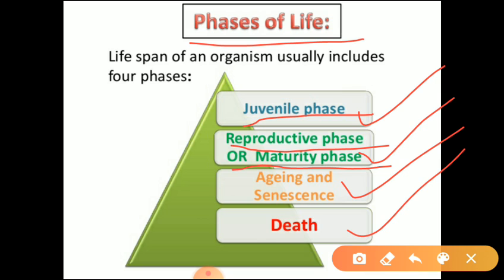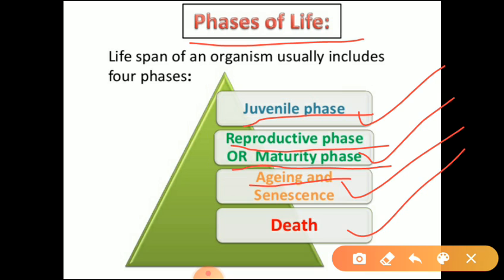The end of the juvenile phase or vegetative phase marks the beginning of the reproductive phase. That means the reproductive phase will start at the end of the juvenile phase. During this phase, organisms produce offspring. So these are the points we have to remember from the reproductive phase.